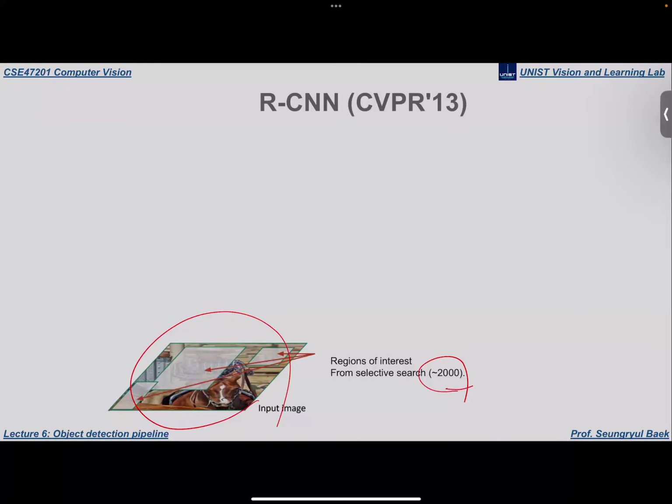We have to extract 1,000 to 2,000 bounding boxes. But compared to all the bounding boxes we may have to extract from the image, if we use the sliding window approach, that would be like 100,000 bounding boxes. So compared to that, this is a lot faster, right?